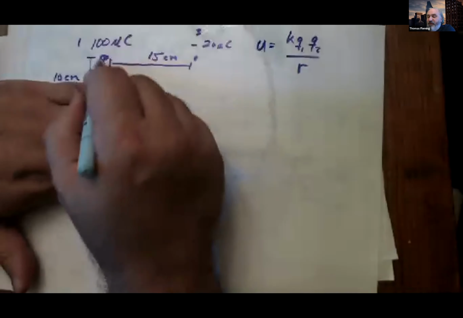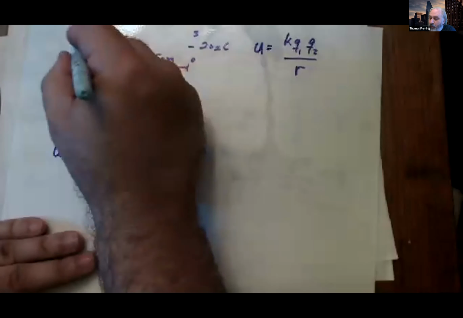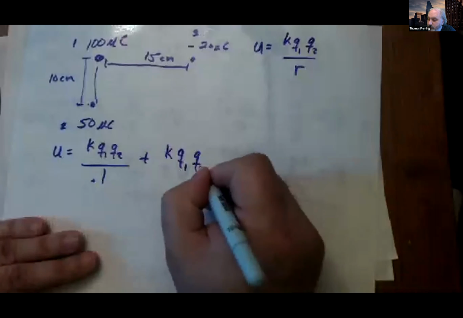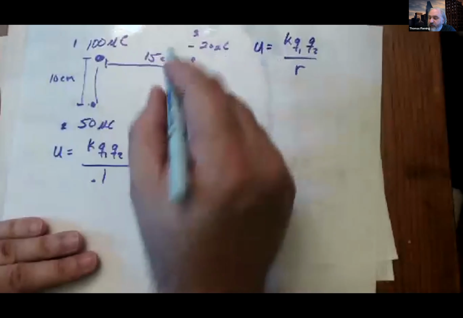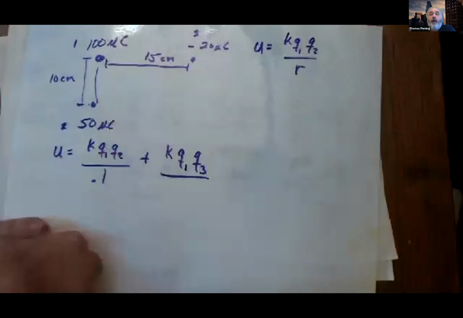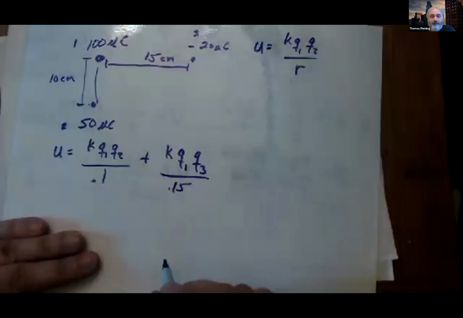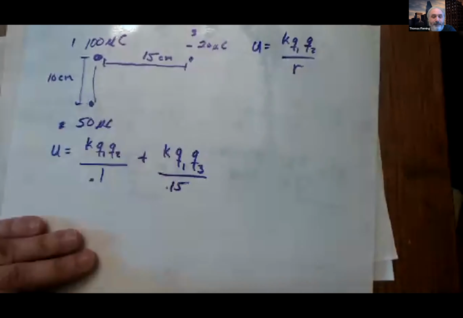And to fight against this guy, it would be plus K Q1 Q3 divided by R. For that one, R would be this distance, which is 15 centimeters or 0.15 meters.